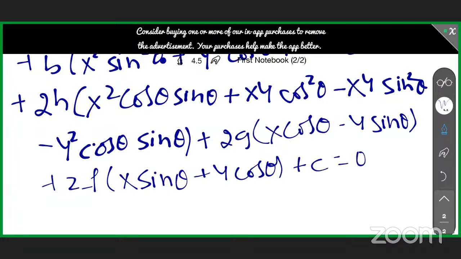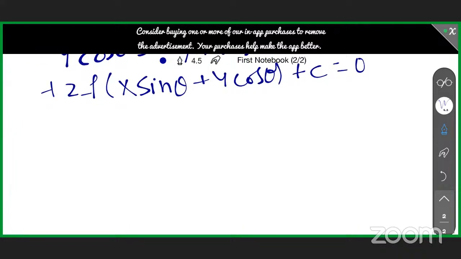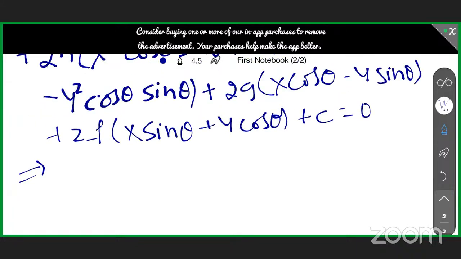Now we again have to simplify the terms. Take all the constants inside. So this will become how much? That is, I have to take all the constants inside.